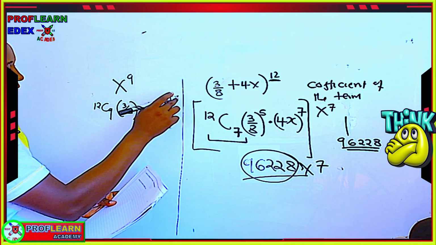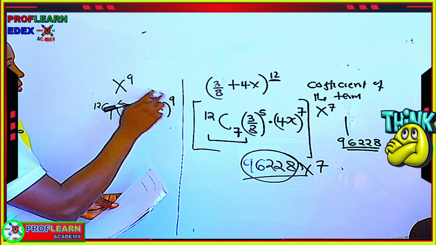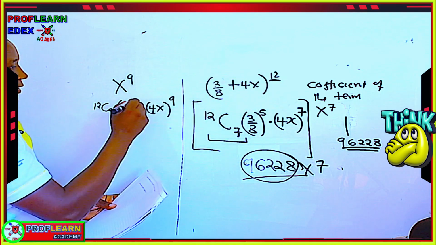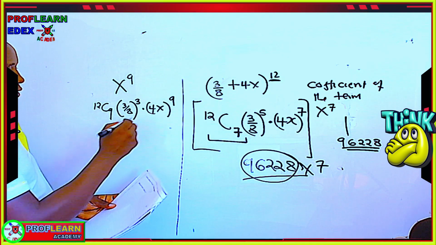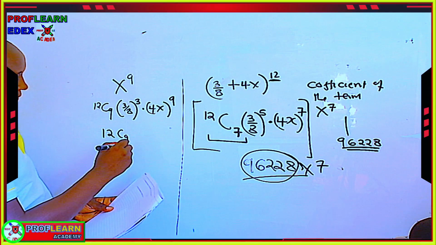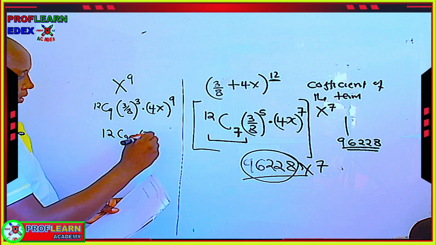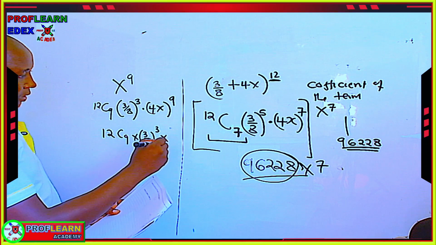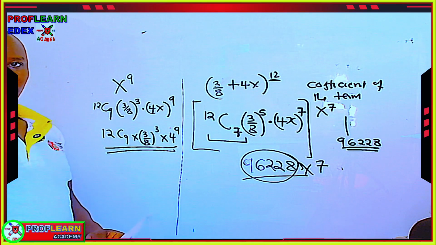Now if this is 9, then which number do we need to have here? If we add to 9, we get 12. That number is 3. So the coefficient in this case is 12 combination 9 times 3 over 8 power 3 times 4 raised to power 9, and that gives you the coefficient.